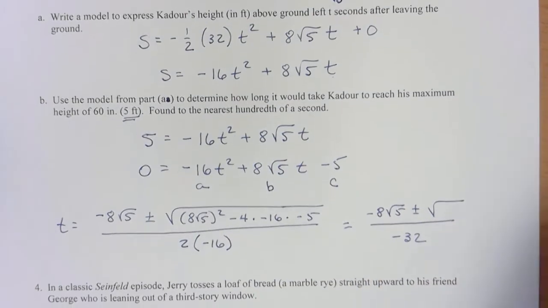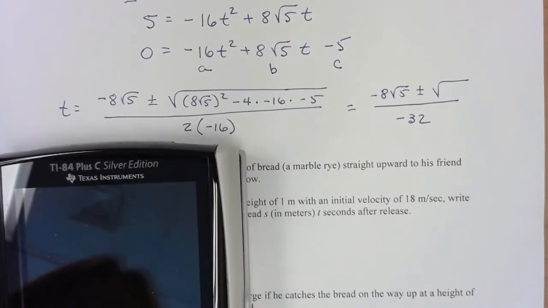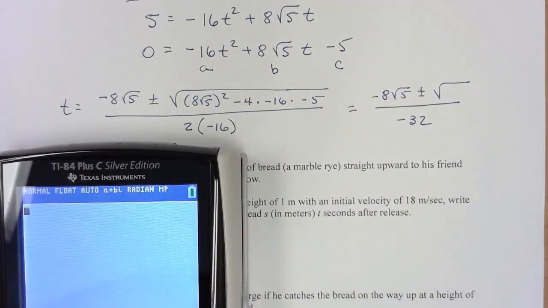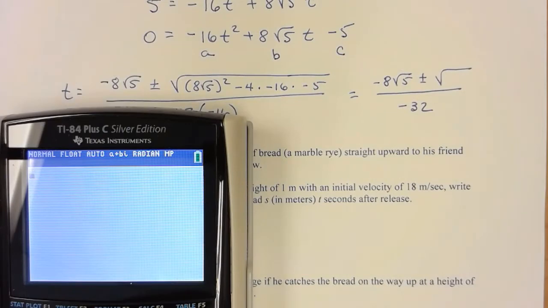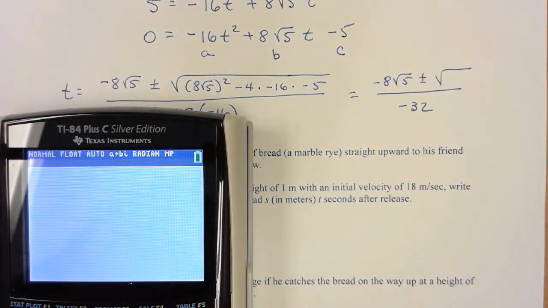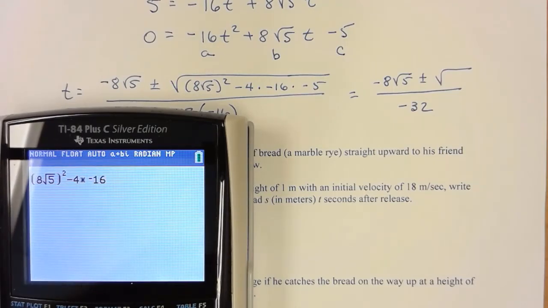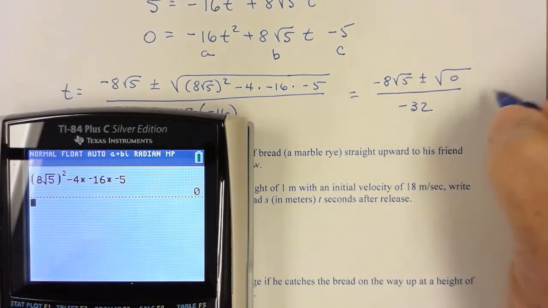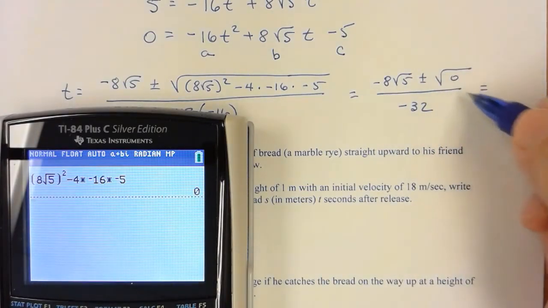So let me move this up and bring my calculator in. And hopefully you can see it. So let's go find this discriminant. Parentheses 8 square root 5 squared, so b squared minus 4 times a times c. Oh, nice. So I don't need to do plus or minus 0.